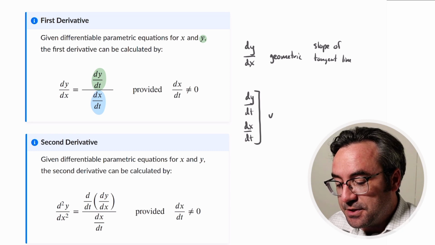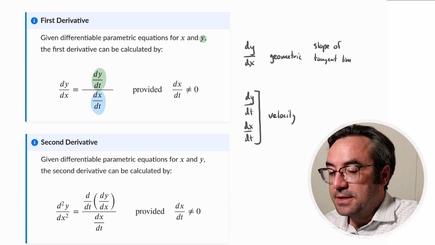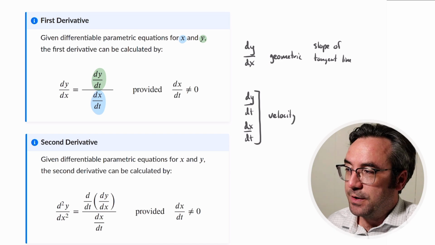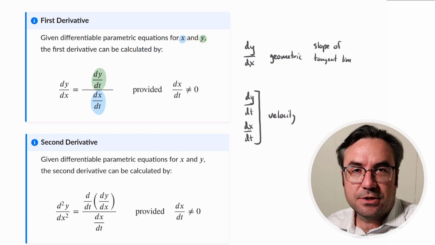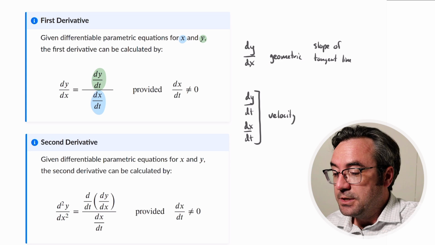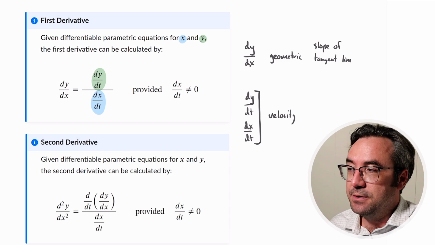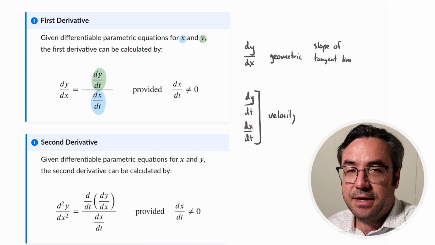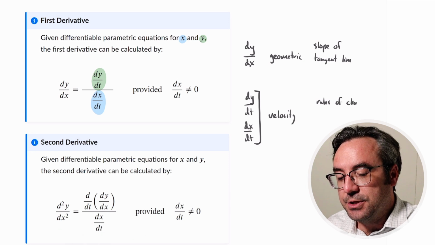Our x and y equations describe the location of a particle that's moving around the plane. We have our xy plane, and those two equations describe where our particle is. dy/dt measures how fast our particle is moving in the y direction, and dx/dt measures how fast it is moving in the x direction. So these are the rates of change in the x and y directions.